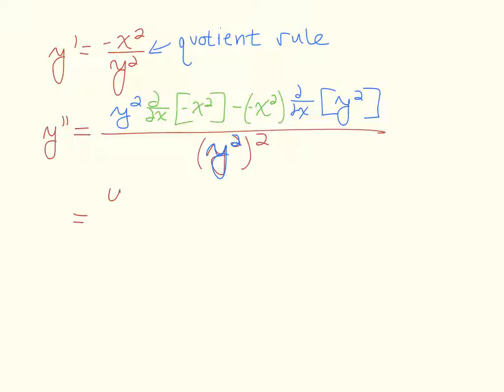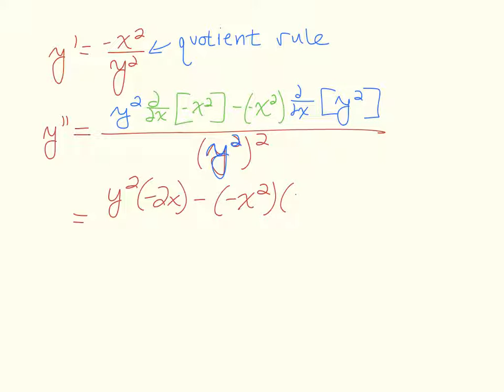So we have y squared. The derivative of negative x squared is negative 2x, and then we are subtracting negative x squared, and the derivative of y squared is 2y.